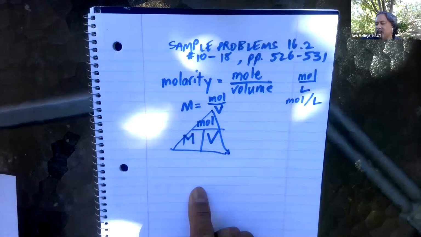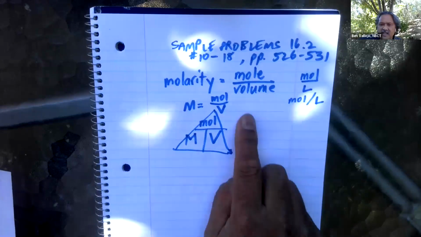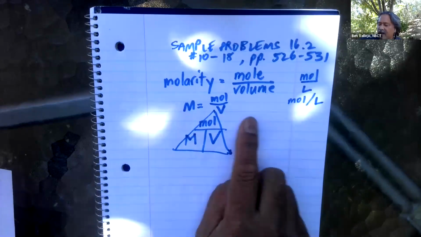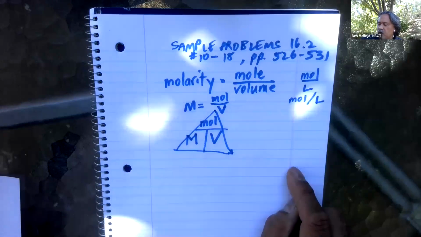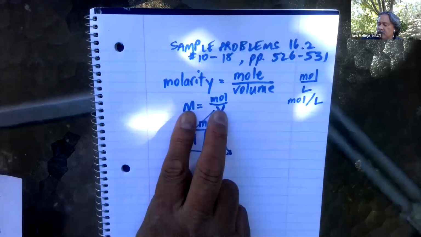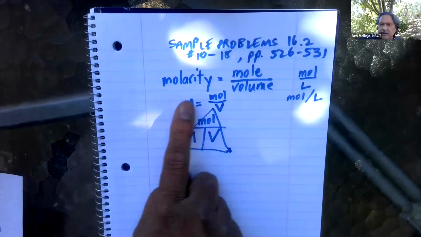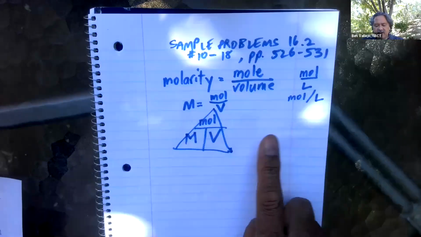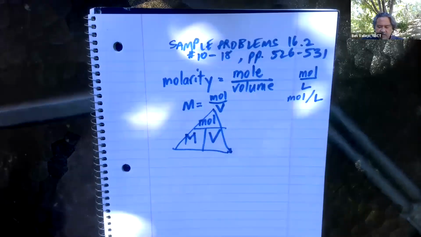But really, you should be able to isolate a variable on one side of this equation anyway. Hopefully you recognize that to figure out volume, you could swap these, and then volume is equal to moles over molarity, just like you see in the magic triangle. Okay, so that's some background stuff to know for solving these questions in 16.2.